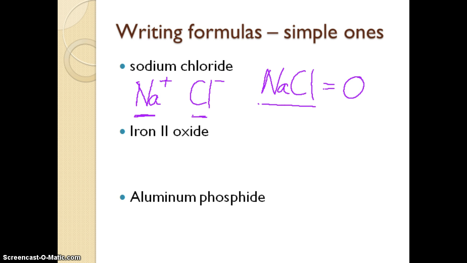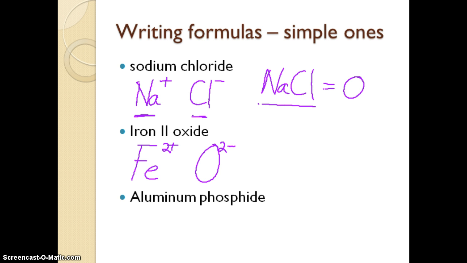So let's try one a little bit more difficult. So let's go down to iron(II), which you should remember is Fe2+. And now oxide, that's O2-. So how did they gain or lose electrons? Well, they swapped them. So iron wants to lose 2 electrons, oxygen wants to gain 2 electrons.